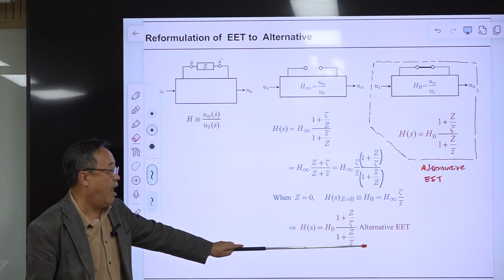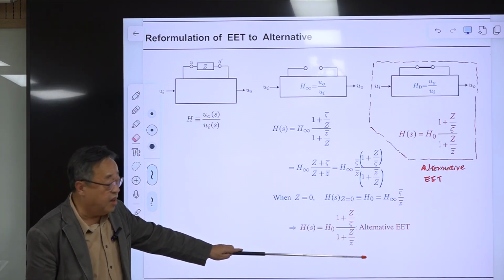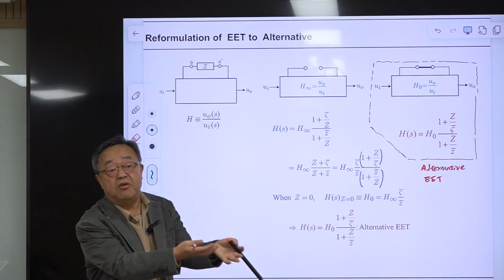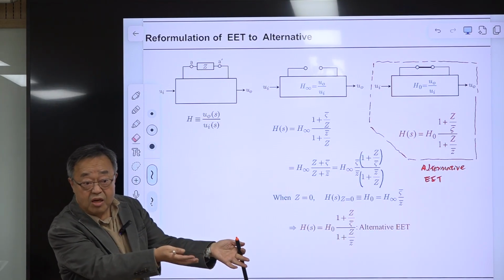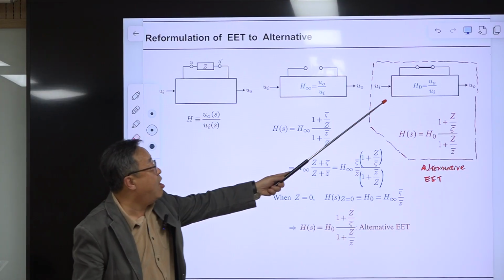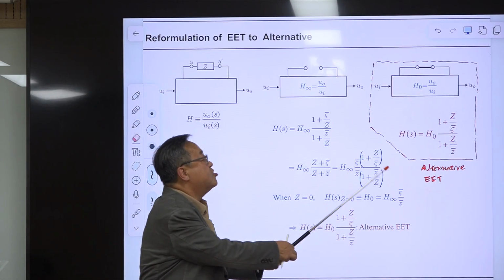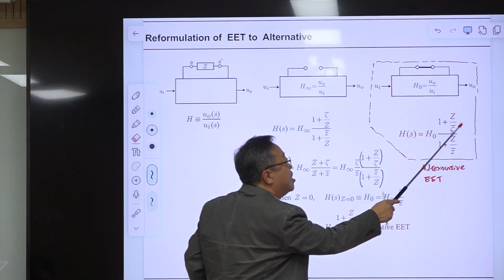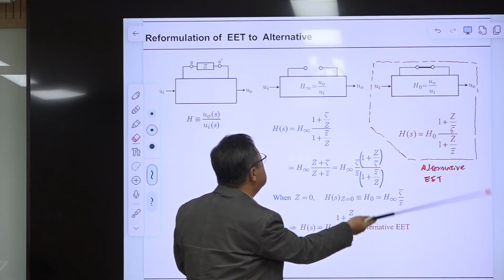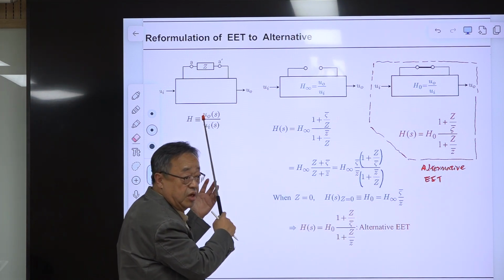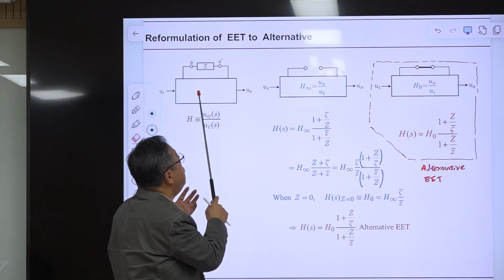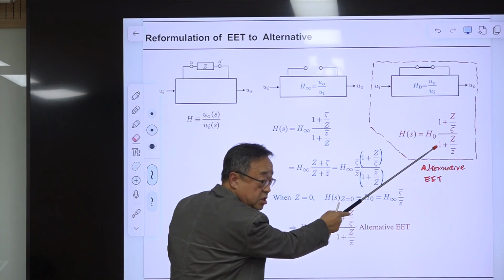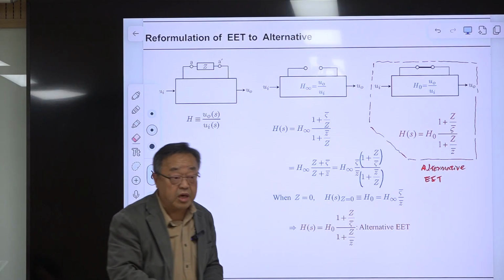Then this is the alternative EET, and you can apply this situation. So just by reformulating this formula in two steps, you have this situation. This is the equation for when we assume this is shorted. When you assume this is open, you should use this. When you assume this is shorted, you just use this. Right?